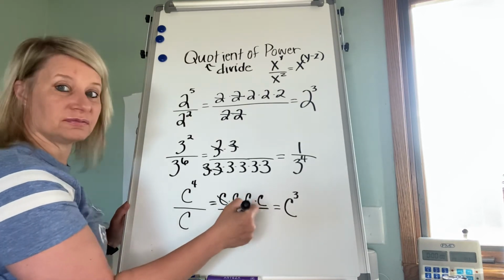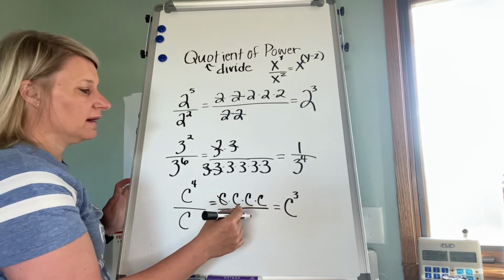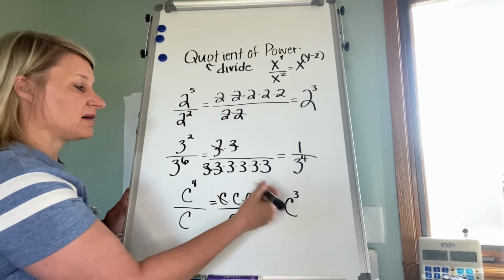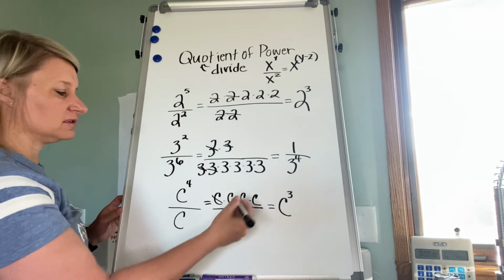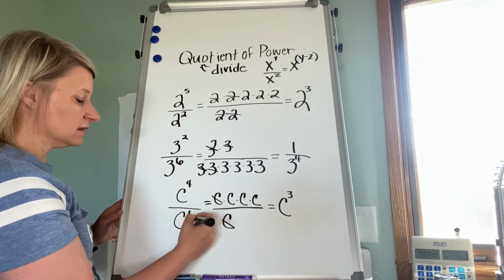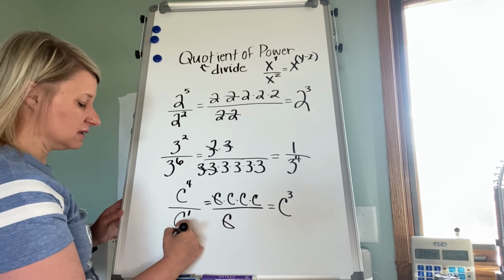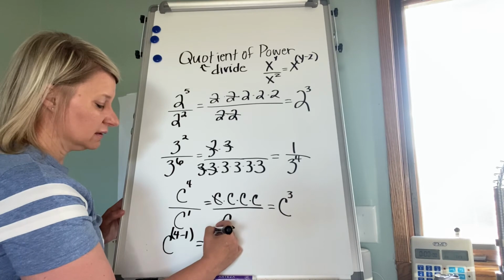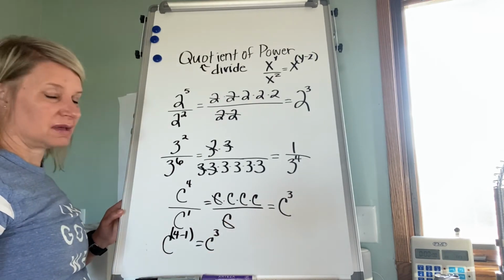I know on the first page of your assignment today, you're going to write all this stuff out, which is fine, because they want you to really see how the rule works. But once you get into that practice and that habit, you don't have to do that anymore. You can just say, well, I have 4 and this is a 1, and I know that c, so it'll be c to the 4 minus 1, so c cubed. Does that make sense?